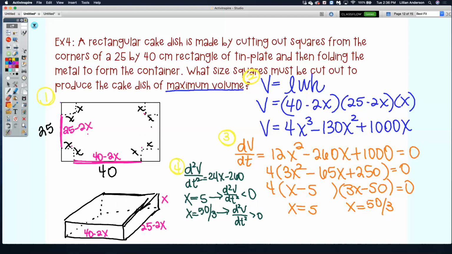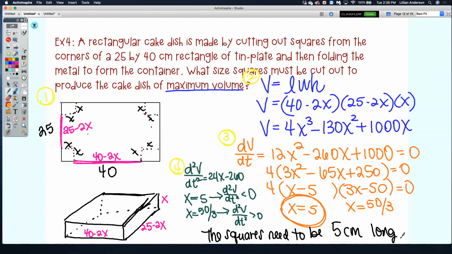So when it asked what size squares must be cut to produce a cake dish of maximum volume, the squares need to be 5 centimeters long.